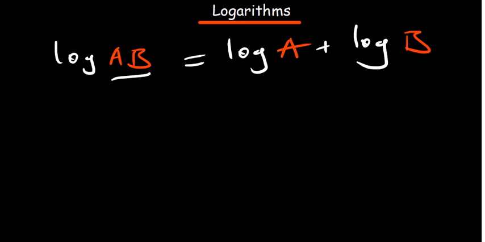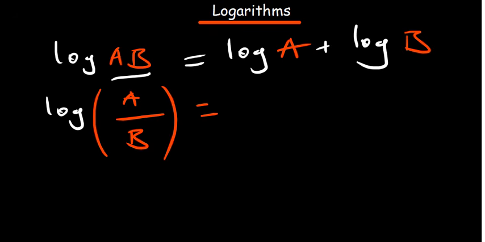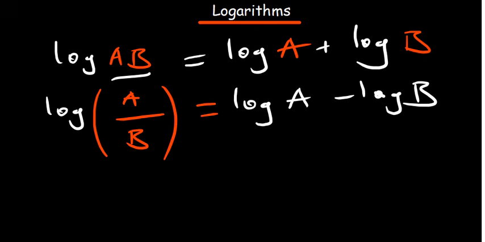Then the other thing, let's say now we have log of A divided by B. So log A over B, in such a case, is equal to log of A minus log of B. It's that easy. An example that we can give is when you have log of 10 divided by 2.